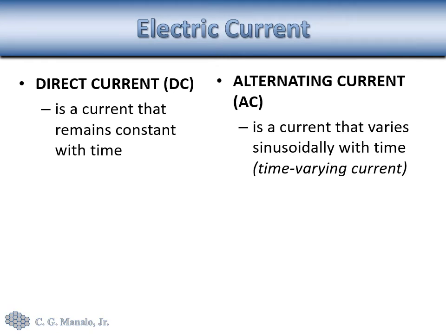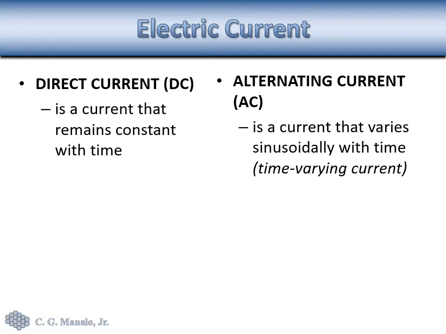Now we have different classifications of current. We have direct current, and we have alternating current. Direct current, sometimes called DC for short, means that the current remains constant. It does not change with time. What we mean by constant is that the rate of charge flow is constant.